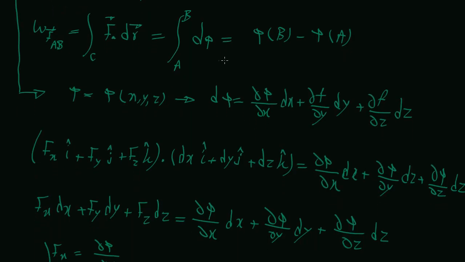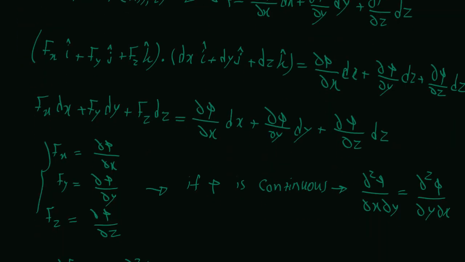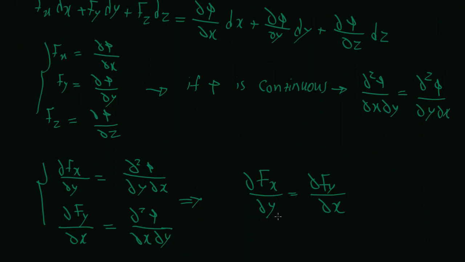If there is such a function phi whose differential is equal to F dot dr, then the derivative of Fx with respect to y should be equal to the derivative of Fy with respect to x. So this is one way to check if F is conservative or not.